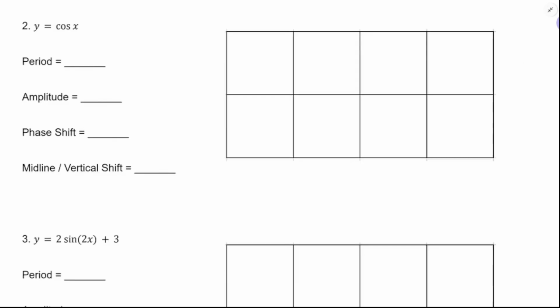All right, now we're going to do cosine x, and cosine's the one that starts at the top. Like this, starts at the top and then follows the same pattern. It's going to go down, come back up. And just like sine, cosine has period 2 pi, amplitude 1, and there's no transforms or anything going on here.